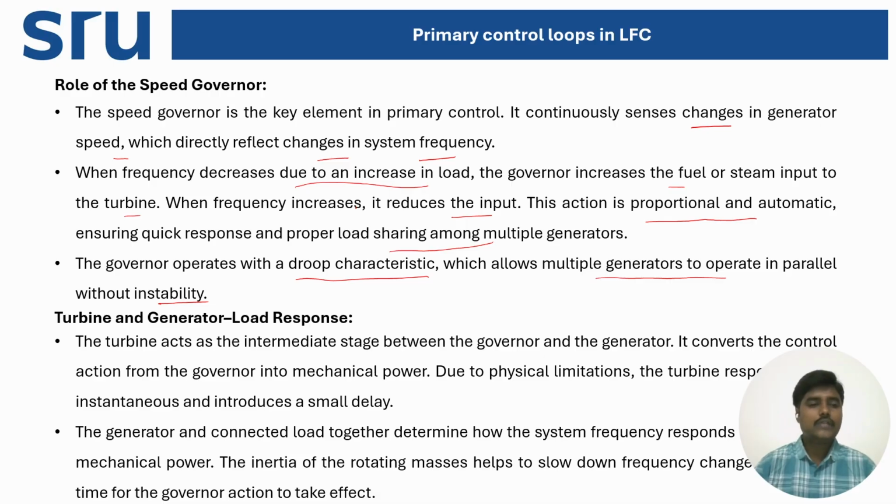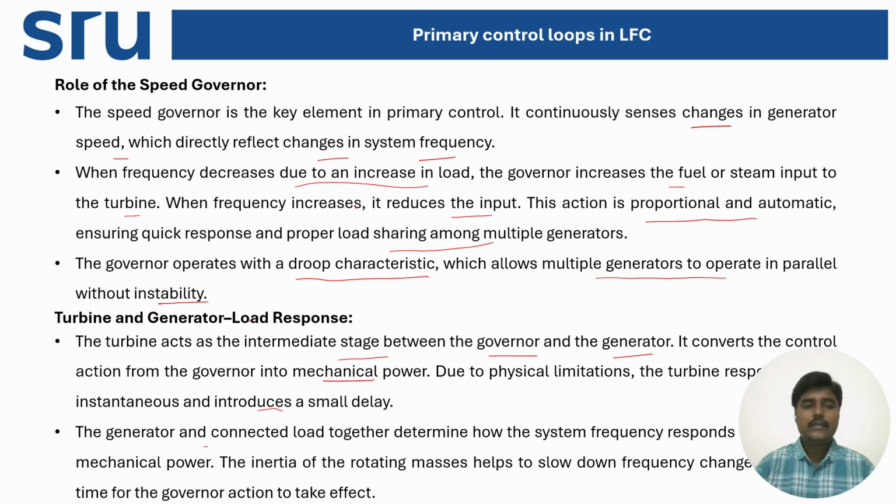And we also have the turbine and generator load response. The turbine acts as an intermediate stage between the governor and the generator. It converts the control action from the governor into mechanical power. Due to some physical limitations, the turbine cannot respond instantaneously and introduces some small delay because of its inertia.